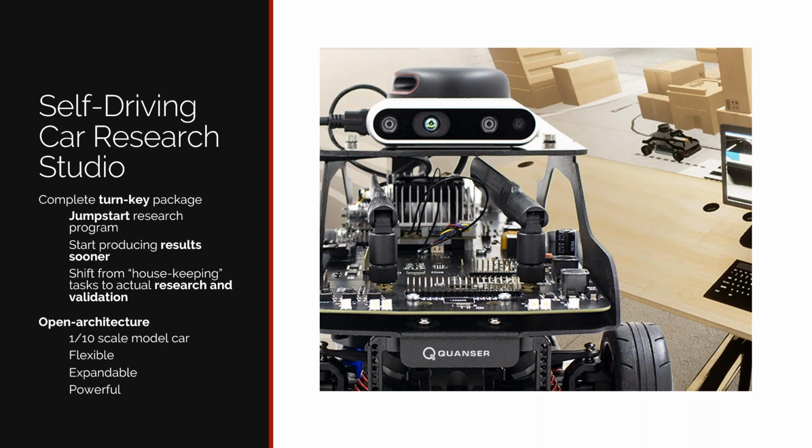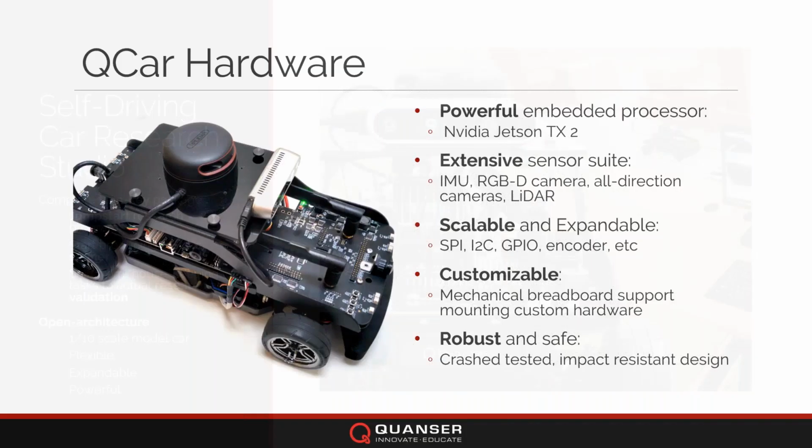And the main component within the self-driving car research studio is the 1/10 scale model car, which you see a picture of, that is flexible, expandable, and fairly powerful in terms of computation and what you can achieve. Focusing a little bit on the hardware side of the car, it has a very powerful embedded processor on board.